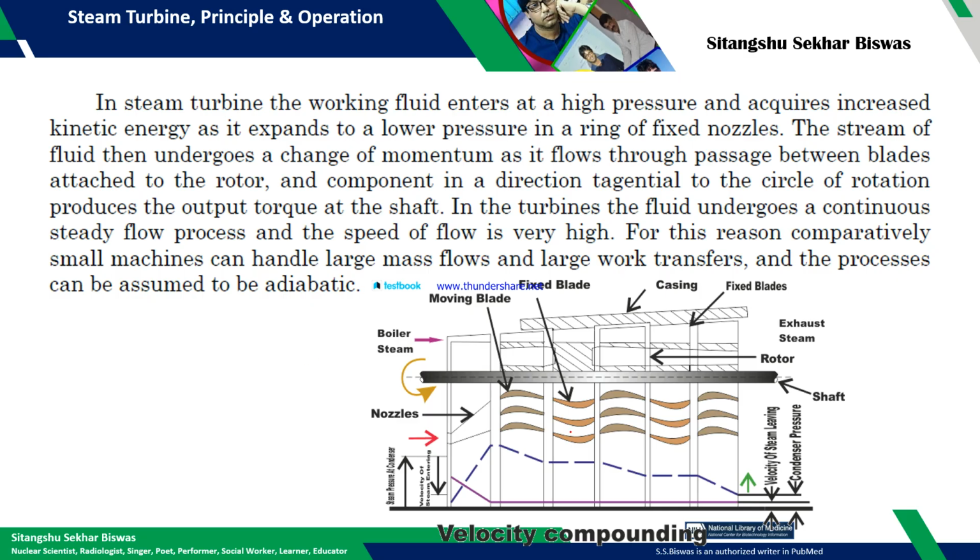So this is the cross section, the 2D axisymmetric view of a turbine. You see, this is the nozzle. Through this the high pressure steam enters, and those are the moving blades.